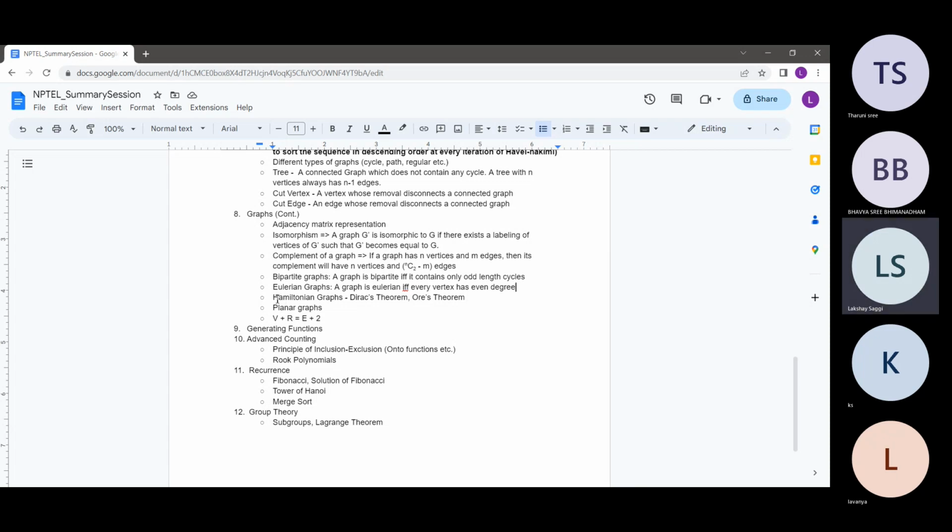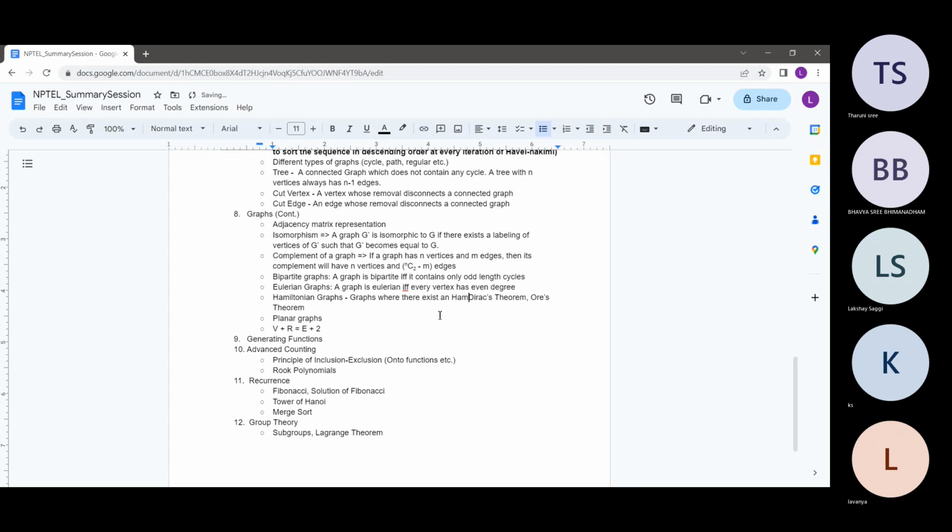So yeah. And after that, we covered Hamiltonian graphs. The Hamiltonian graphs are graphs where there exists a Hamiltonian path.